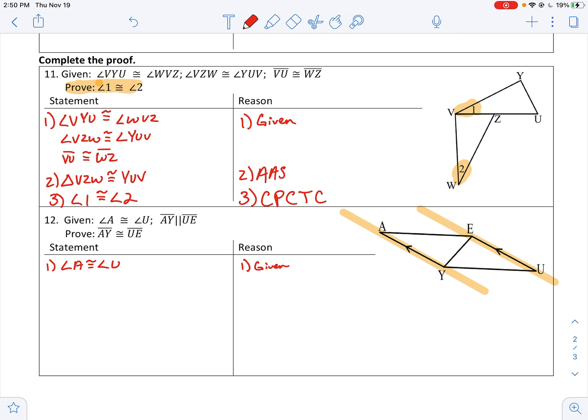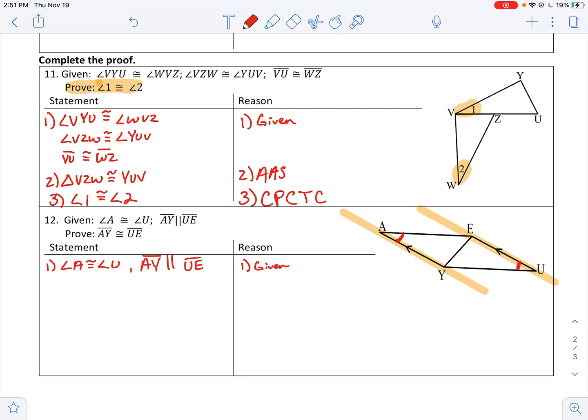And then don't forget to get the whole given statement down. AY is parallel to UE. So I've already drawn those in. AY and UE are parallel. Angle A is congruent to angle U over there. Okay, so we've got that down.